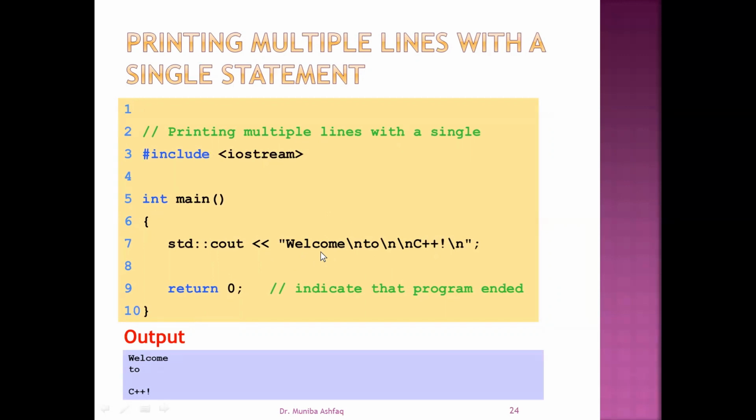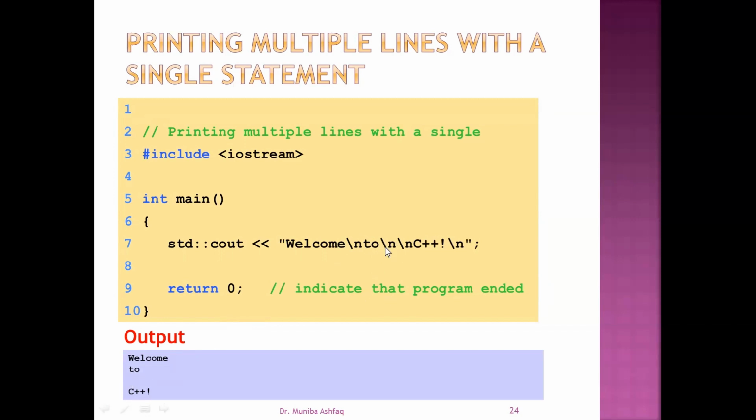So the first word is welcome. Welcome is printed on the screen. Then you have the \n, so the cursor will move to the new line. And then when the cursor moves to the new line, we have the word to. So to will be printed on the screen.